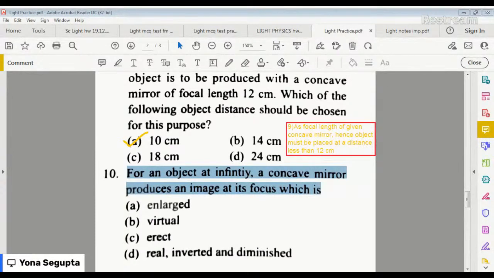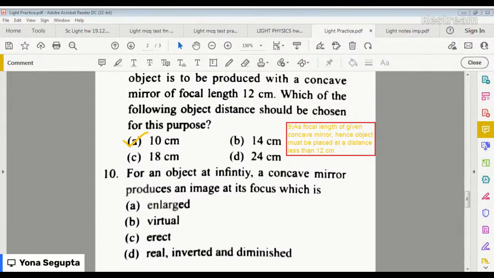So now number 10 here. Let's find out what is given. The question is that for an object at infinity, a concave mirror produces an image at its focus, which is what? Is it enlarged, virtual, erect, or real, inverted and diminished?